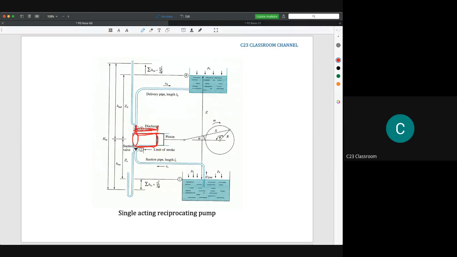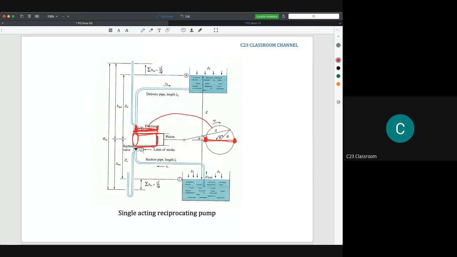This piston stroke is closely related to the diameter of this rotating device. So you know how to calculate the maximum volume of water the piston sucks every time before it can be discharged.